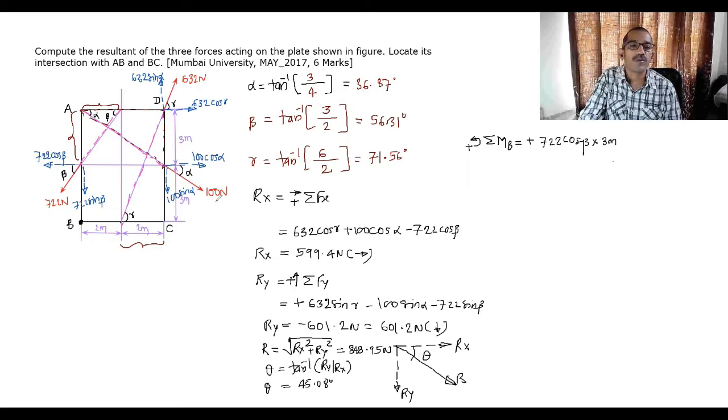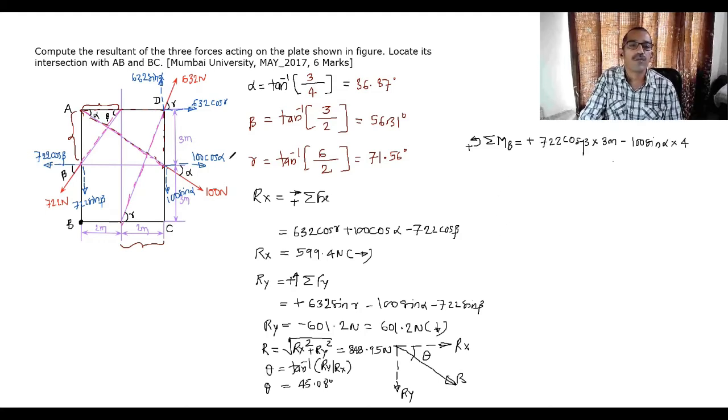If we move to the 100 Newton force, for the vertical component, the moment about B comes out to be, if BC is a bar and we apply force in downward direction, it will rotate clockwise. That means this will be minus. Magnitude of force 100 sine alpha, distance is 4 meter.